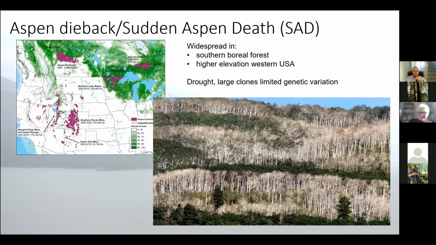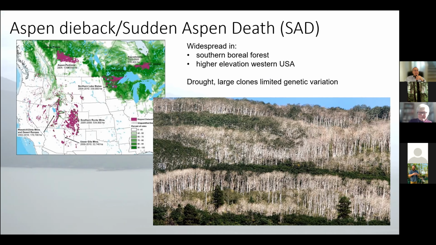An example of that is aspen dieback that you may have heard of, not just in Canada, but in the US too. This is an old map, so it doesn't show the whole extent of it. There's quite a bit more in Manitoba than is shown here. You can see that you have aspen parkland in both Alberta and Saskatchewan that is quite extensive and has suffered quite a bit of aspen dieback, and there is more of that further east, as well as in western USA, at higher elevation.